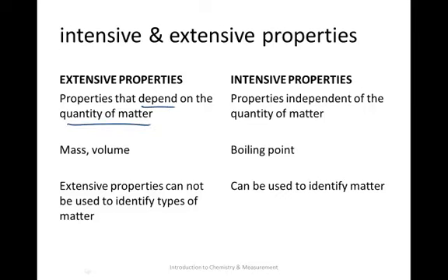If you add more matter, does that property change? Of course, if it does, that's an example of an extensive property, and two examples here would be mass and volume. If you add more atoms to a sample, its mass will increase. It will also take up more space, and so therefore mass and volume are excellent examples of extensive properties. Again, dependent on how much matter is present.